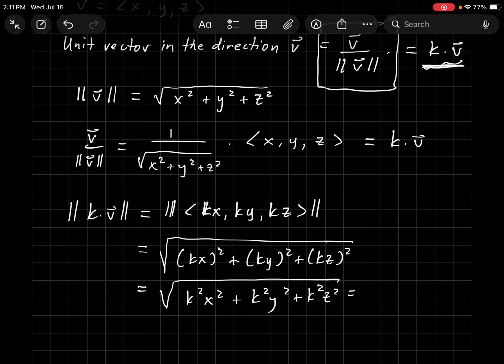And we can factor the k squared out, so we have the square root of k squared times x squared plus y squared plus z squared.